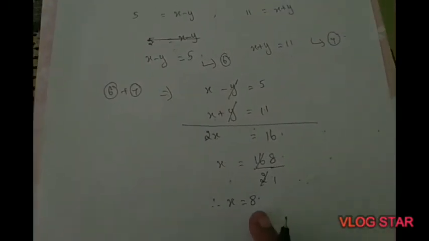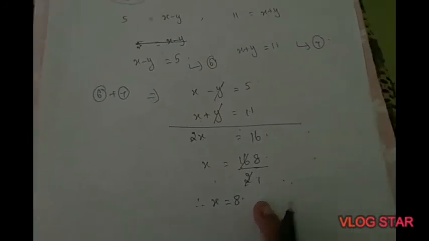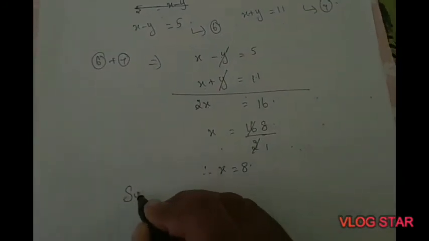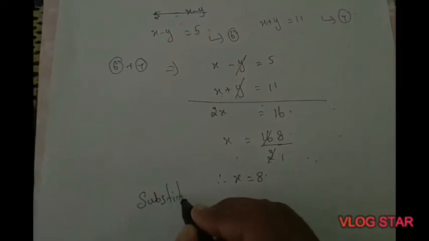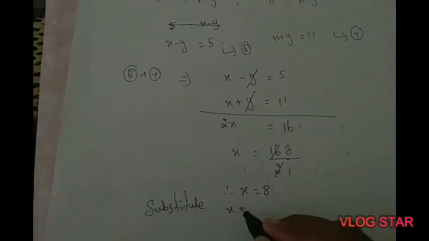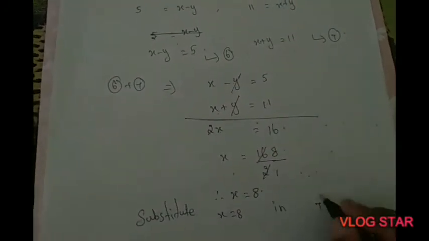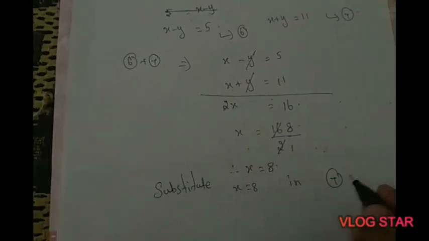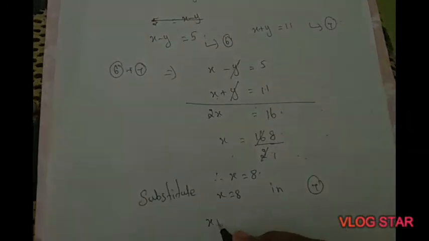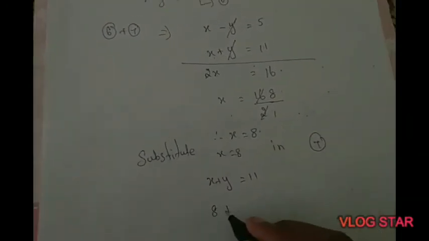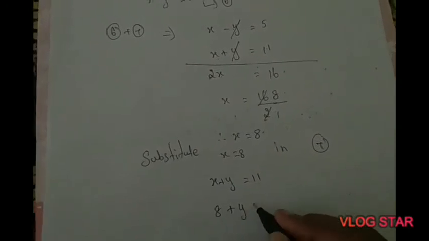Then using this x value, you have to find the y value. You substitute this x value, x equal to 8, in the 7th equation or 6th equation. Now I take the 7th equation, x plus y equal to 11. X value is 8 plus y value we have to find.